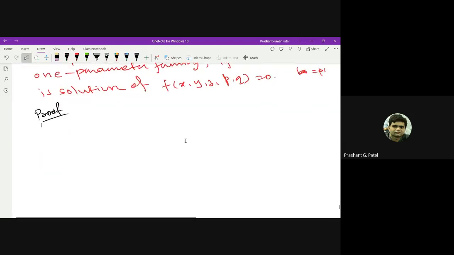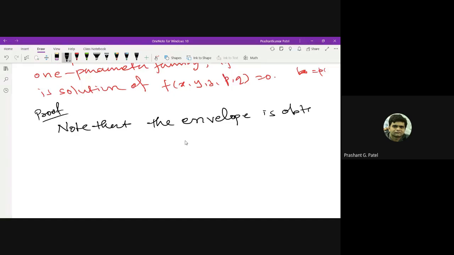So what is given? Note that the envelope is obtained by eliminating a between two equations.